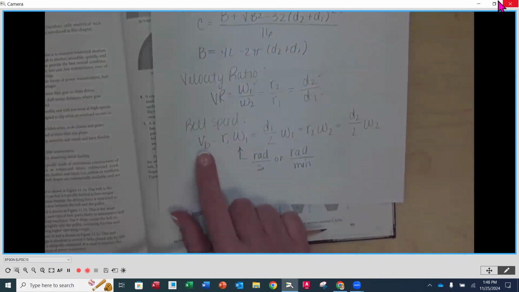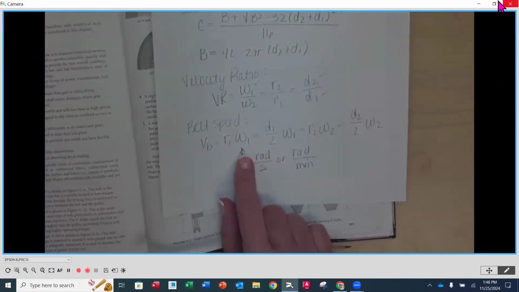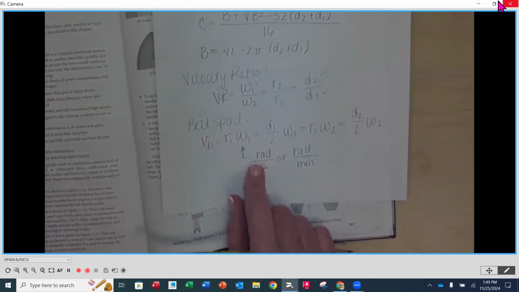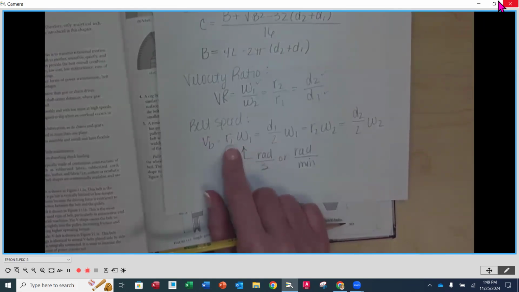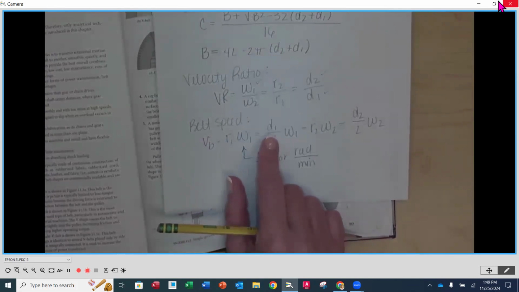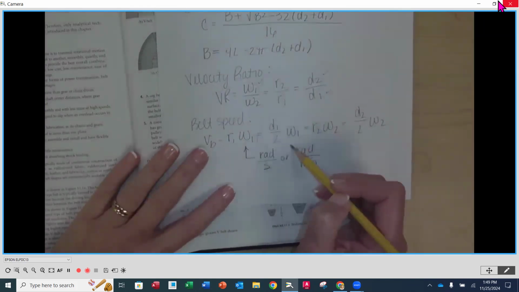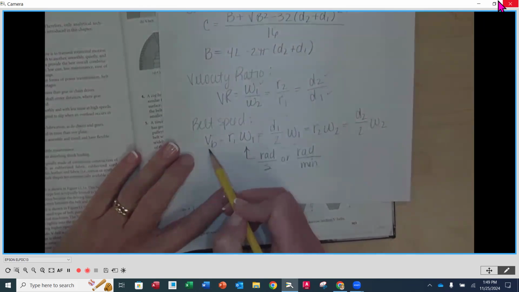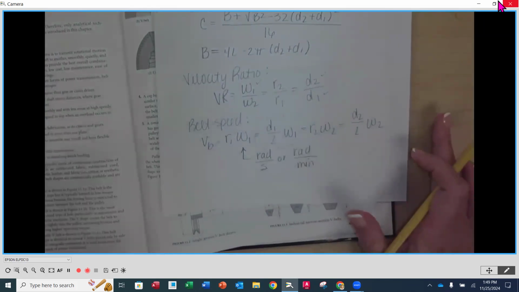So if we know a range, 4,000 to 5,000 for our straight line velocity or our belt speed, we know what the rotational speed is. We would have to convert it to radians per second or radians per minute. We can then calculate the radius or, if you would, the diameter, right? Okay. So we're going to use this equation right here equal to VB, and we're going to solve for D1. And we're going to pick something that's close.